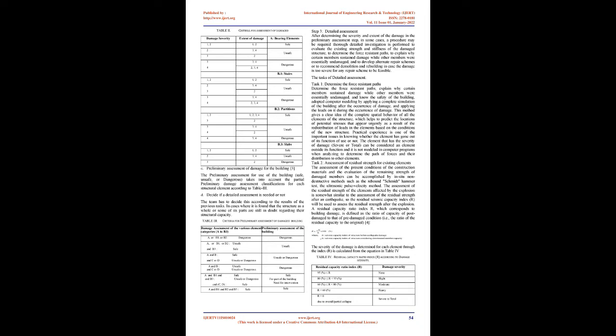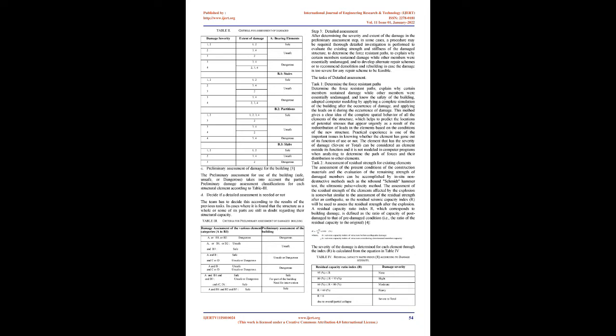The preliminary damage assessment, safe, unsafe, and dangerous, for the individual elements can be decided according to the criteria given in Table 2. The structural elements in Tables 1 and 2 are grouped into the following categories: A. Bearing elements, RC columns, shear walls, beams, frame joints.